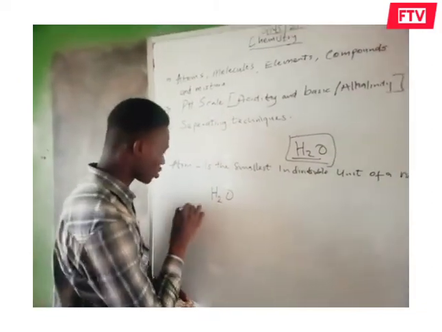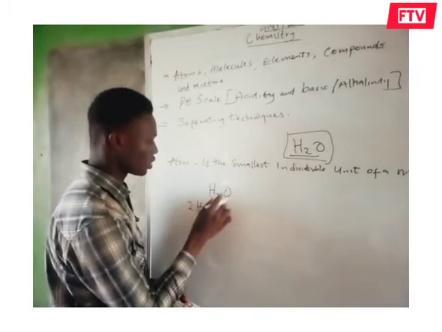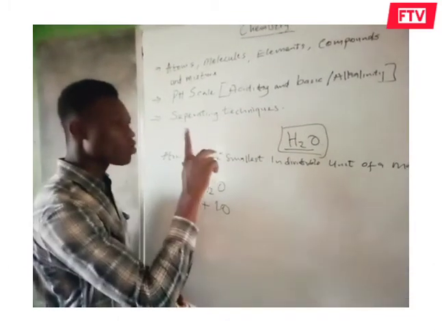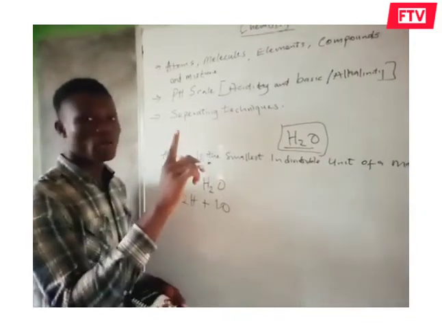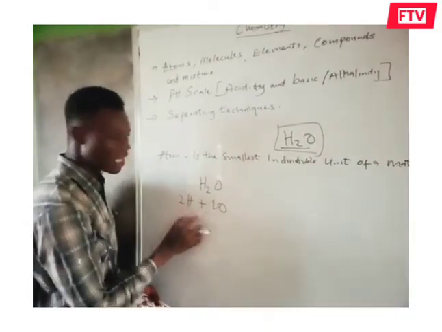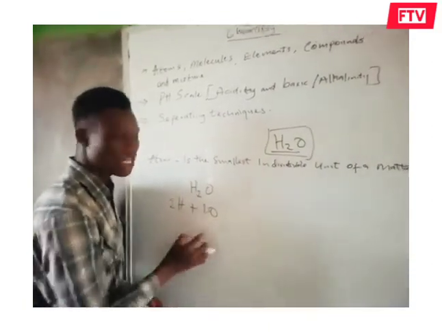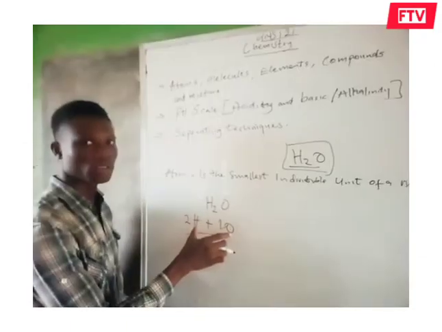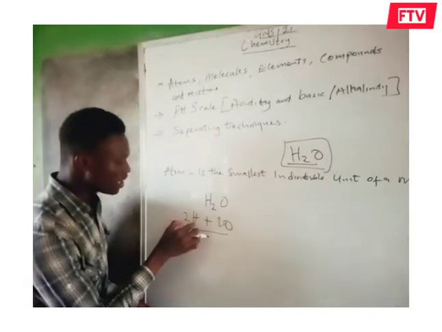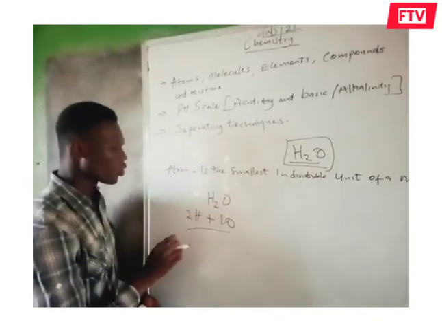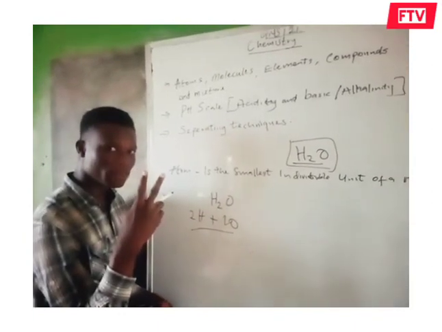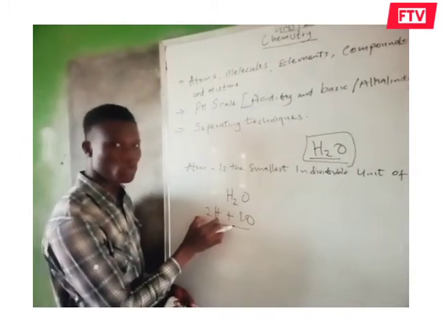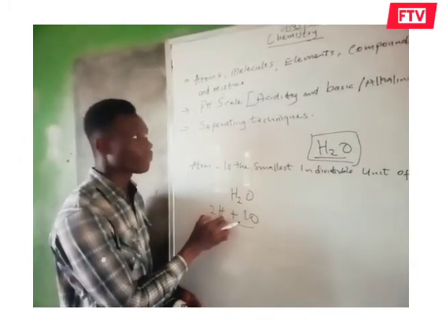We have 2 H, and we have 1 oxygen. Out of this one, we have 2 of hydrogen and 1 of oxygen that will give us a particular compound. And in these two of hydrogen, we have two atoms that are coming together to give us a molecule of hydrogen. And that is that.